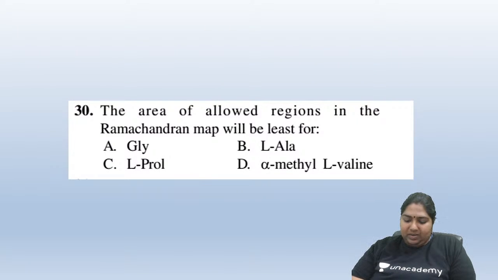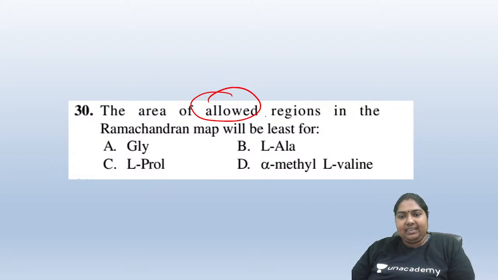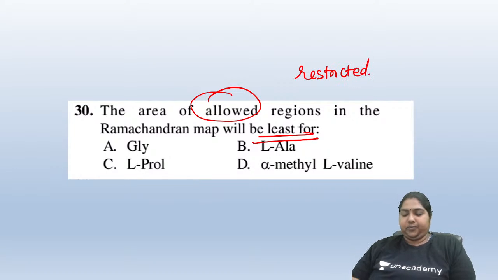Let me take one more question. So this area of the allowed region is least, or you can say restricted, for which residue? It is least or restricted for which of the residues?